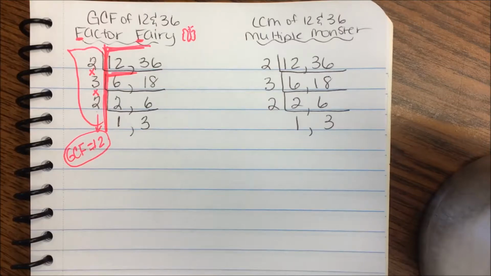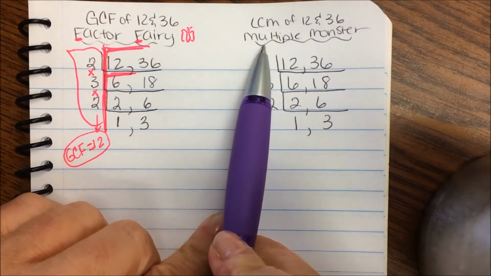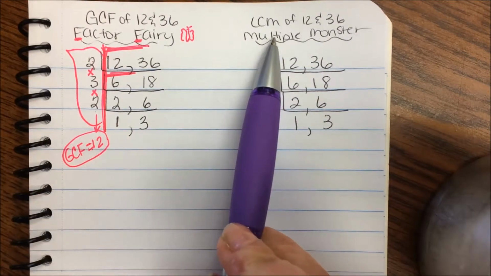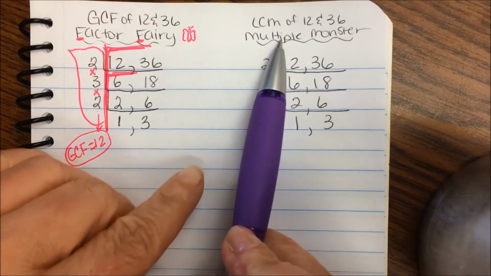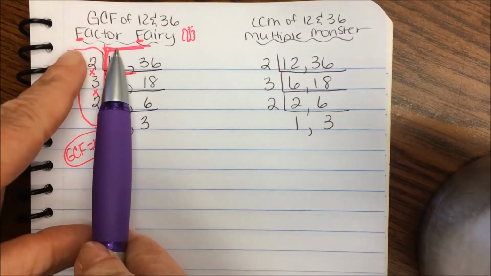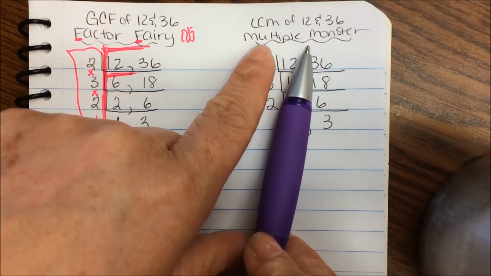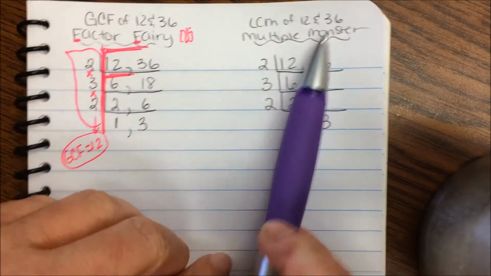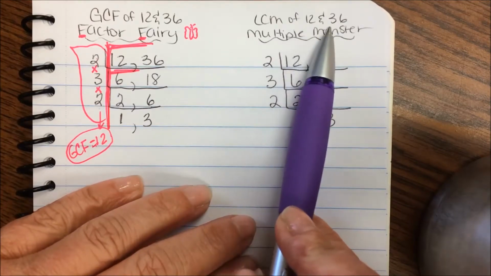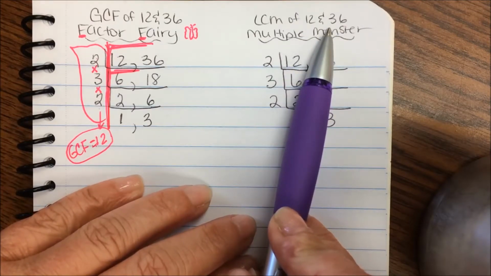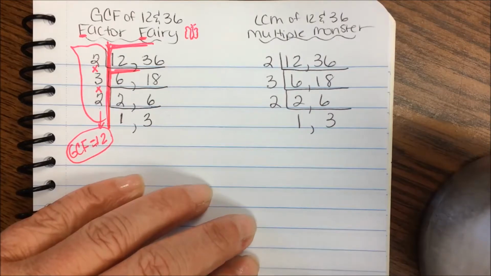Okay? So multiples, since we use multiplication to create them, instead of Factor Fairy getting smaller, that multiple is going to be bigger, right? It's going to be bigger than either one of these terms that we started out with, okay? So I want you to keep that in mind.